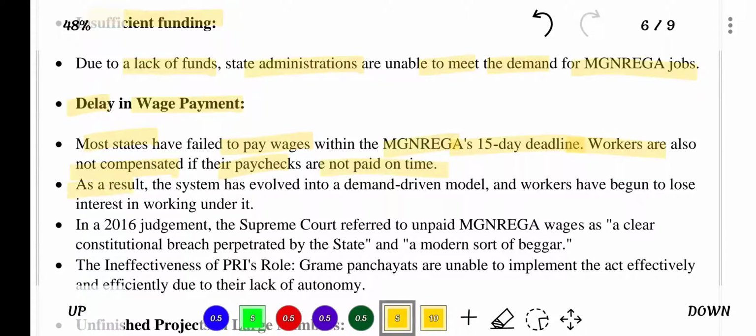As a result, the system has evolved into a demand driven model, and workers have begun to lose interest in working under it. In a 2016 judgment, the Supreme Court referred to unpaid MGNREGA wages as a clear constitutional breach perpetrated by the state and a modern sort of beggar.